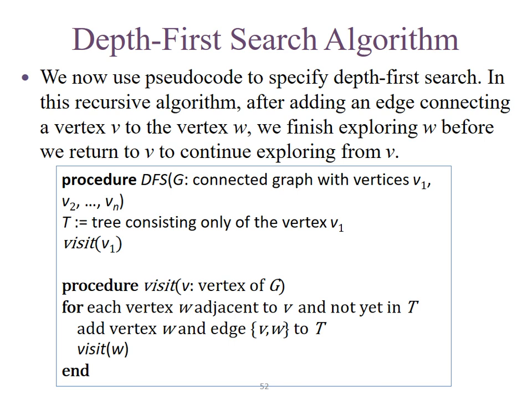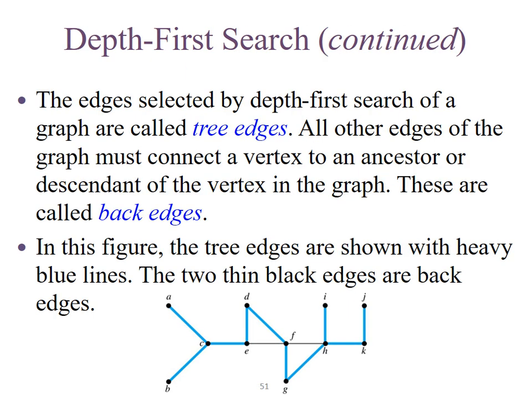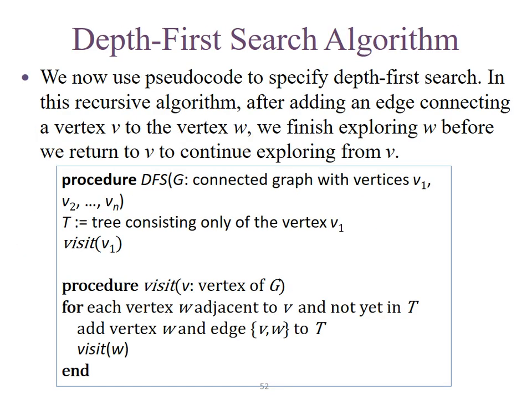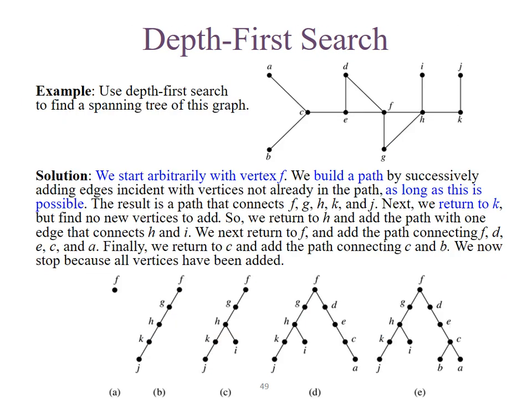So you can choose any adjacent vertex to v1. In our previous example, we visit F, G, right? In this case, we choose G as our adjacent vertex, and then we add G and the edge FG to the tree. So initially we have F, and then we select the vertex G, add the edge FG into the tree, and then we apply a recursive call of the procedure visit using G as the input.